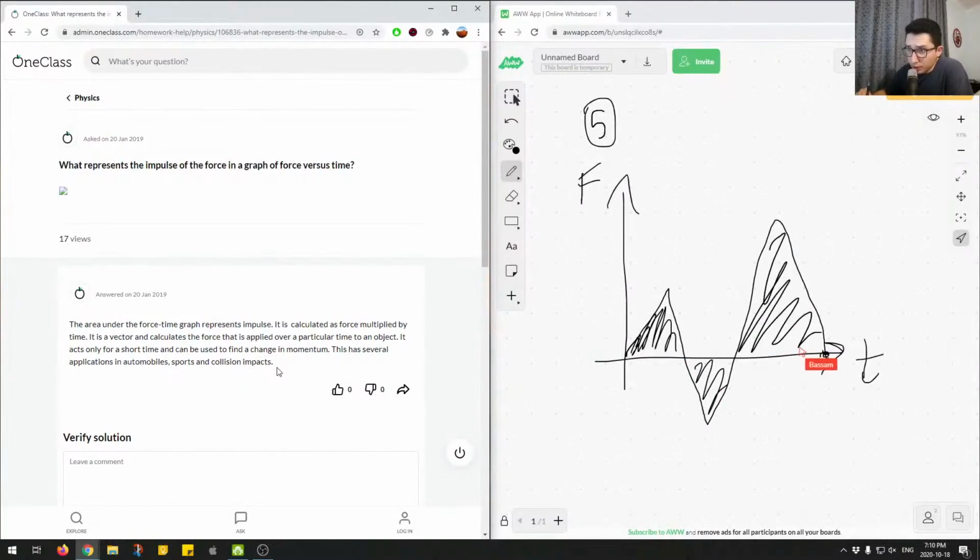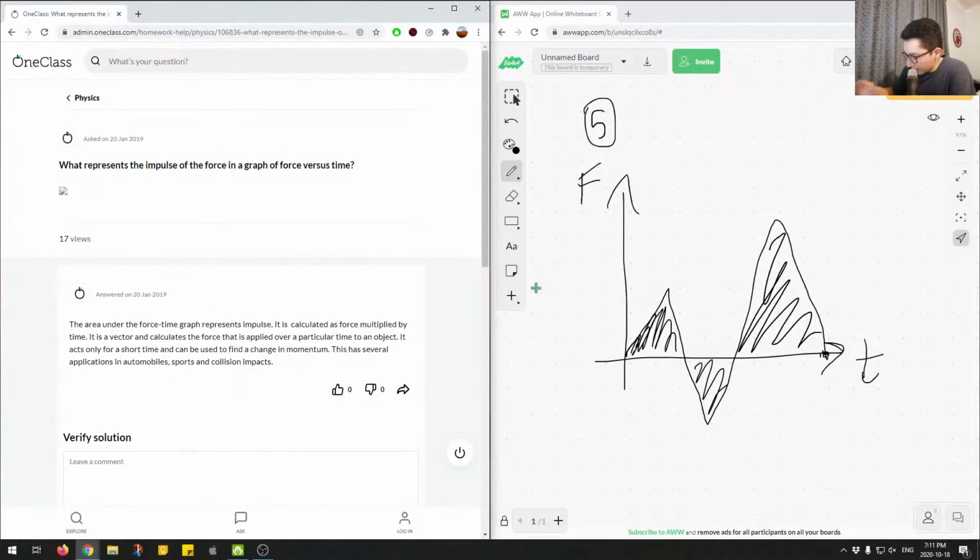And the important thing to note here is that when the area is above the x-axis, in the positive area of the y-axis, you would have positive values, and these would add to the impulse total sum. When you're below the x-axis, this area would be subtracted from the total.